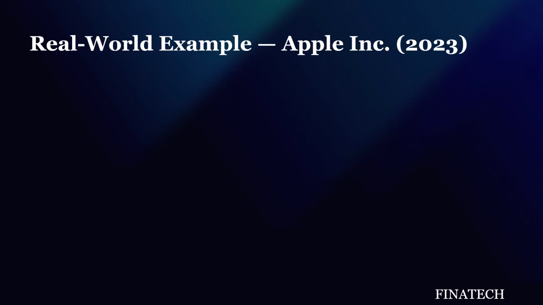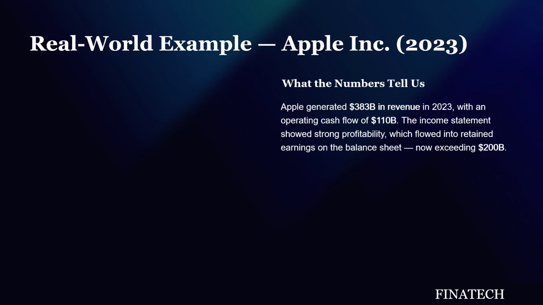This is a real-world example: Apple Inc. 2023. What do the numbers tell us? Apple generated $383 billion in revenue in 2023, with an operating cash flow of $110 billion.